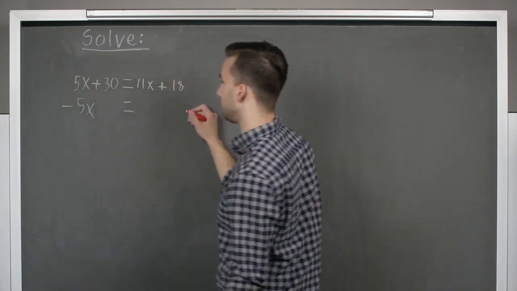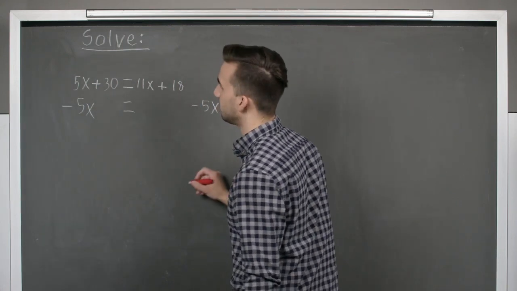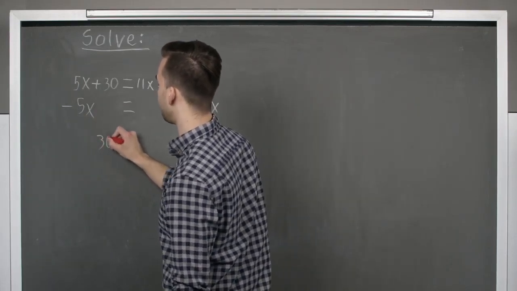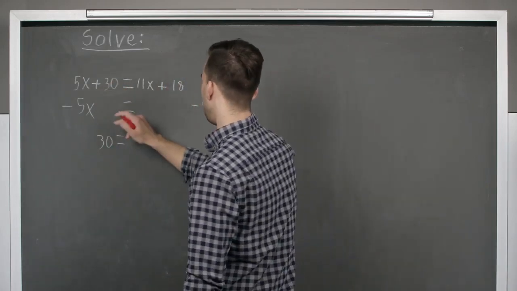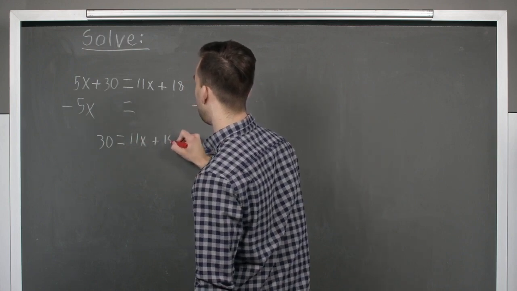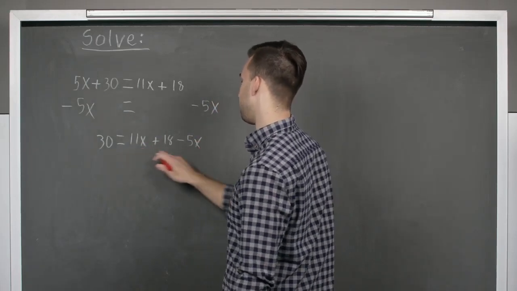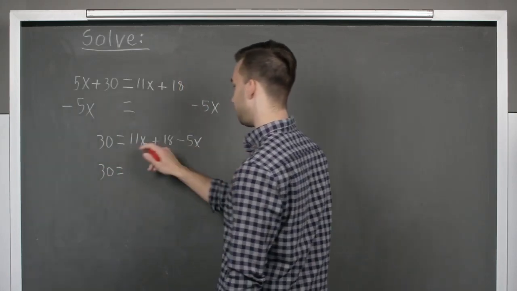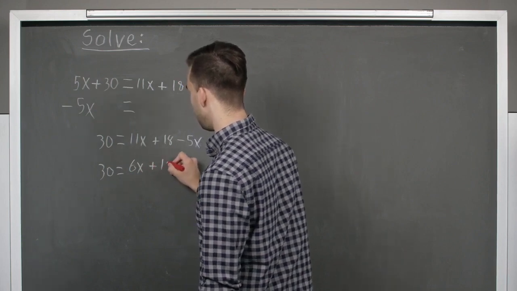So we would also need to subtract negative 5x from this side. But that would give us 0x on this side and 30. So that's all that's left on this left side of the equation. And then on this side we have 11x plus 18 minus 5x. We can simplify that further. So we have 30 equals, what's 11 minus 5? 30 equals 6x plus 18.